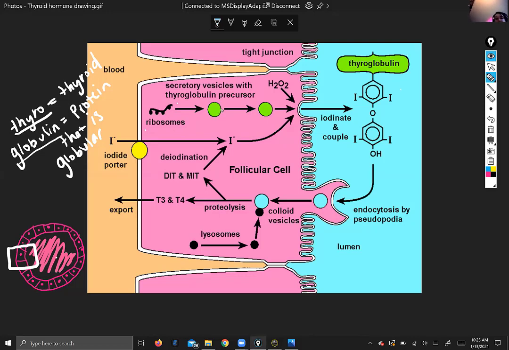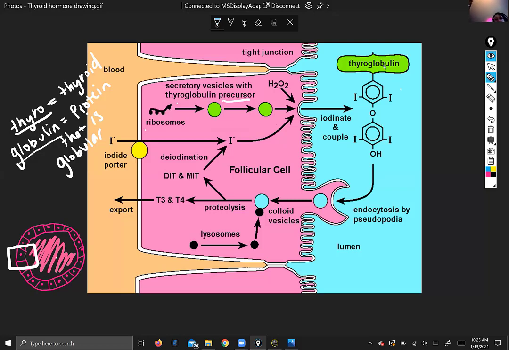The secretory vesicles here just contain a slightly unfinished thyroglobulin. As that vesicle migrates to where it's going to pop out, it's a precursor, so the precursor has to be turned into the final form. The final form comes with the following steps. So this is the thyroglobulin precursor.